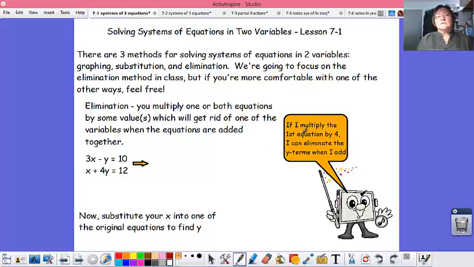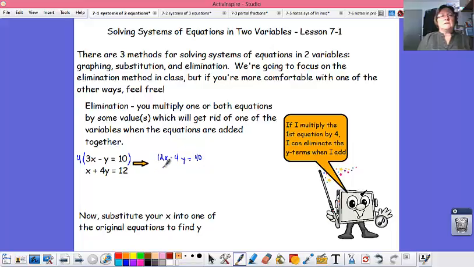And our little helper over here is saying, if we multiply the top equation by 4, we would end up having plus 4y here and minus 4y here, and those we'd be able to eliminate when we add. So the idea is to multiply by some number so that when you add the two equations, one variable disappears. I'm going to put the result of my multiplication here. That's 12x minus 4y equals 40.